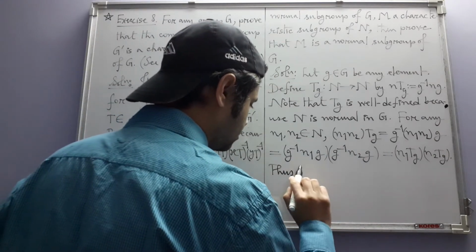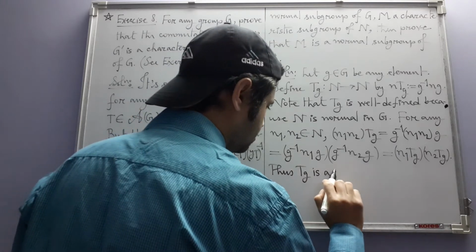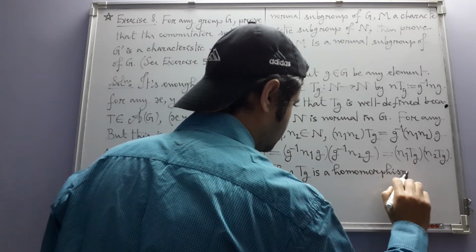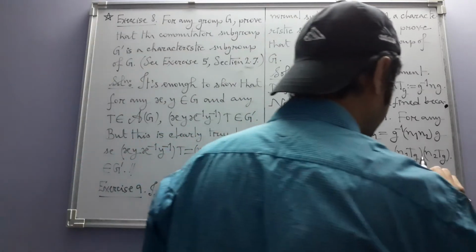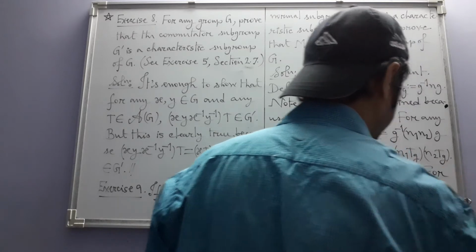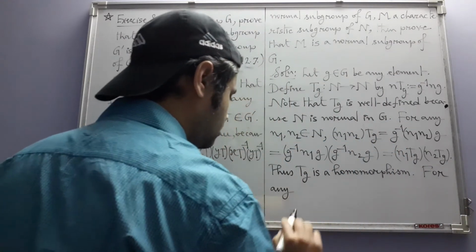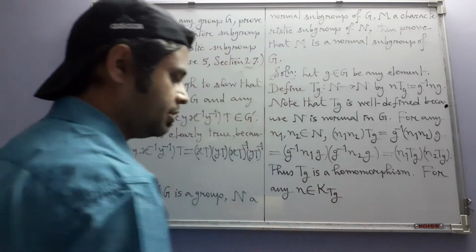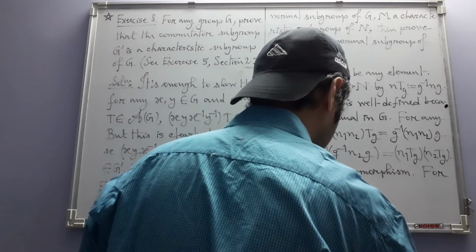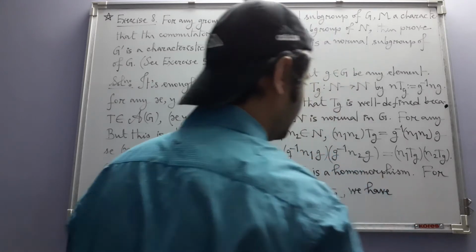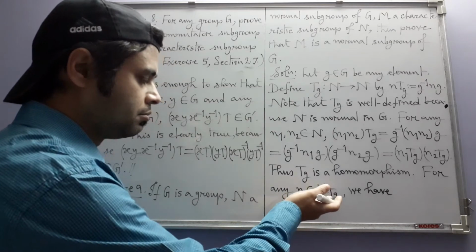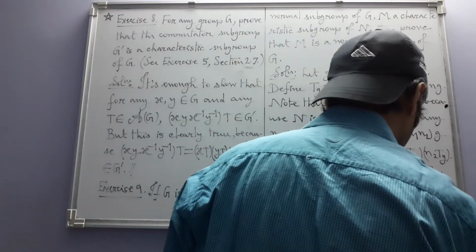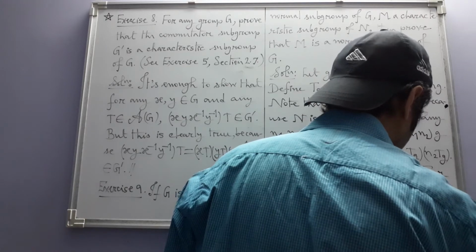Thus, this is a homomorphism of N. For any n belonging to the kernel of Tg, n will be mapped onto the identity element of N by Tg. That means this.